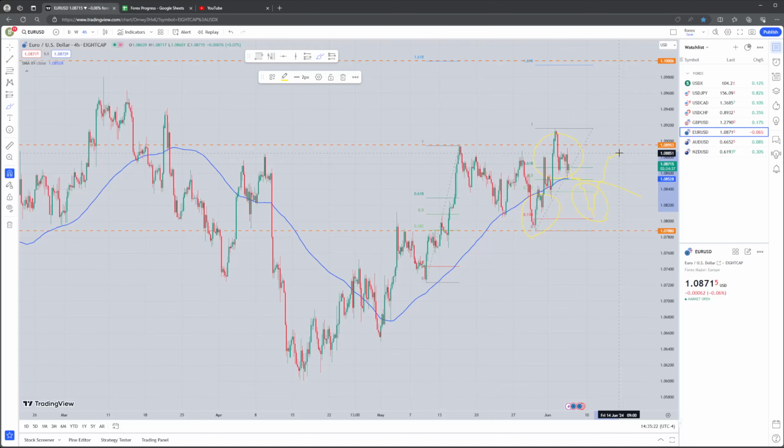But if somehow it starts faking out like this again, then it will be just like another Aussie case we just went through, right? So then I will check if there are other pairs giving a better opportunity, and if the market behaves like this, then I'll take it as Euro USD doing the sideways and transition my position.